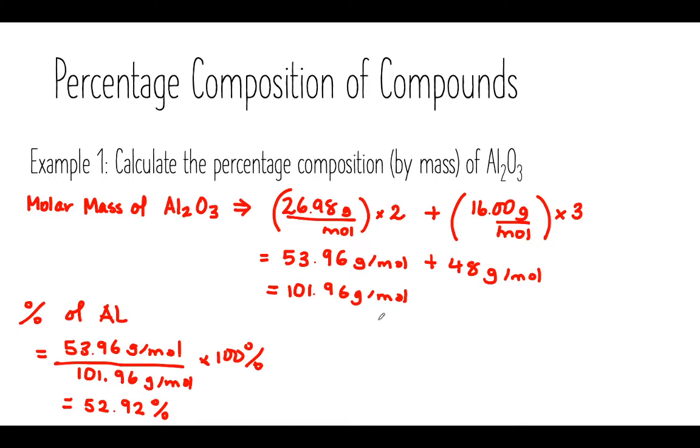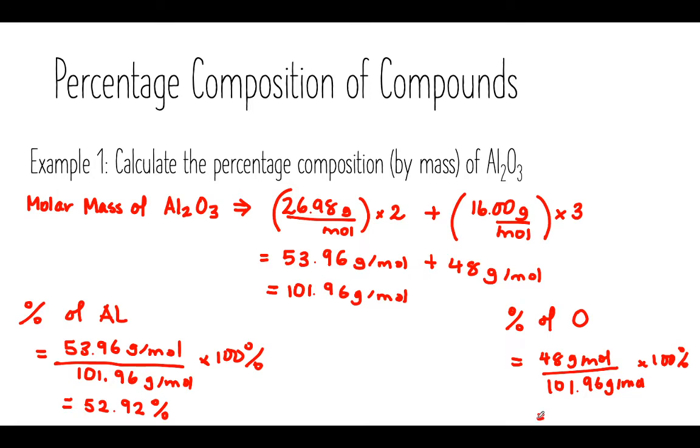Okay, and I'm going to do the same thing for oxygen, the percentage of oxygen. Again, we're taking the number that accounts for the number of atoms there. So 48 grams per mole divided by 101.96 grams per mole, which is the total mass, or molar mass, of this compound.